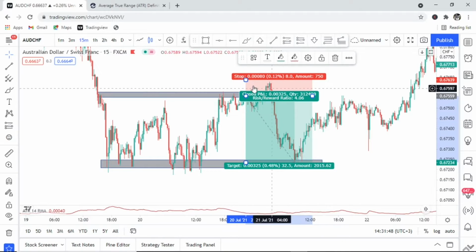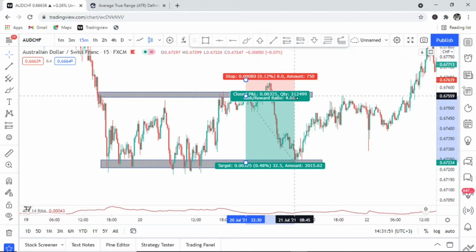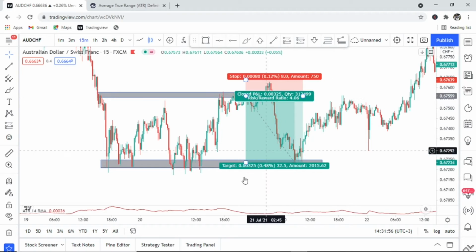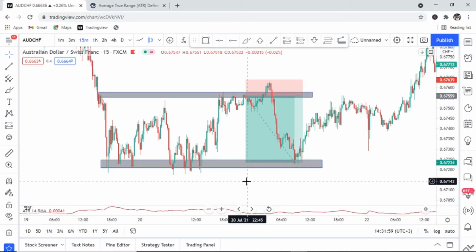Yeah, so now it's at 8 pips. This is also another example where the ATR could have helped you avoid such a loss, whereby the volatility is slightly high. Since it's slightly high, the value of the ATR is also slightly high. So just by using the ATR, you could have avoided this loss.